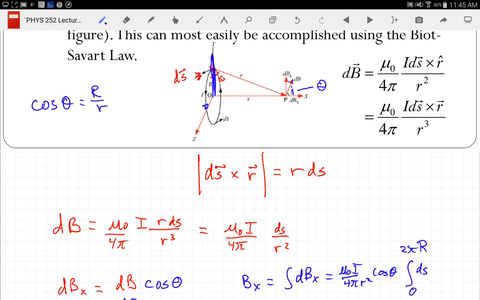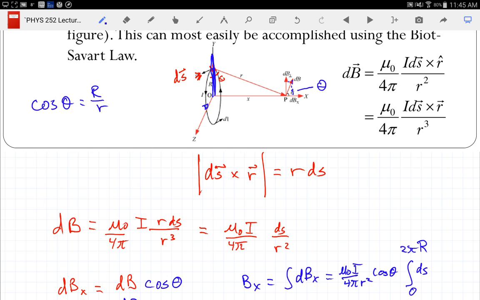Okay, so that's our reference point, the line going through the center. So that's why dB parallel and dB perpendicular. dBx is basically dB parallel, right? Well, you can define an x, y, and z axis, and it's parallel to the x-axis, so that's why it's dBx. But the dB perpendicular is actually changing between the y and z axes as you go around the circle.